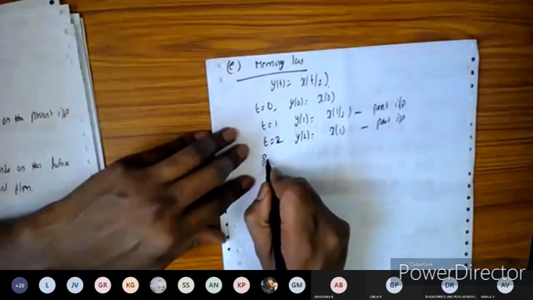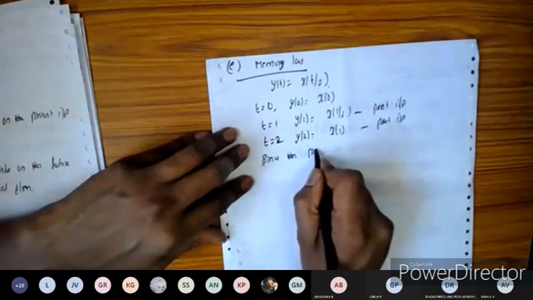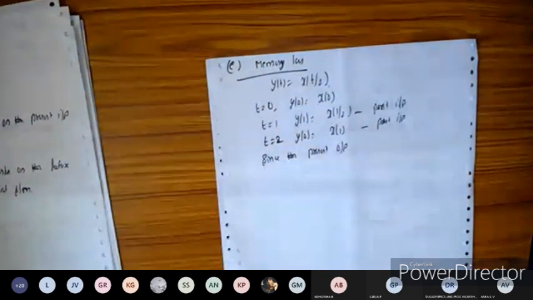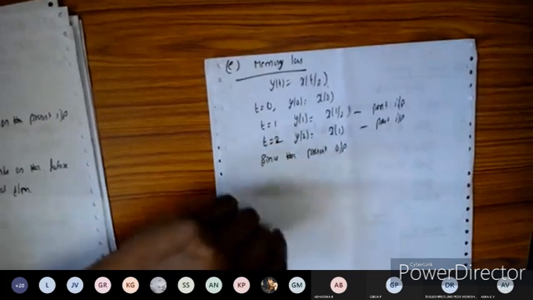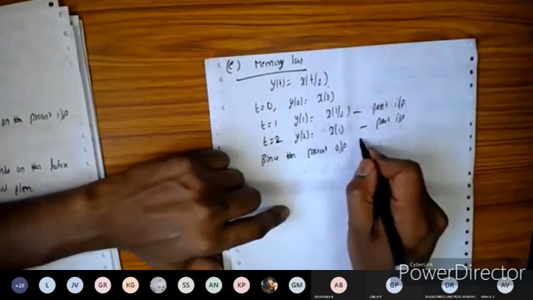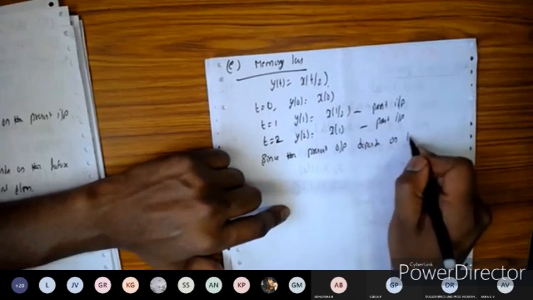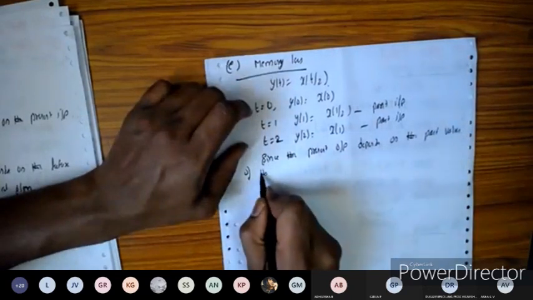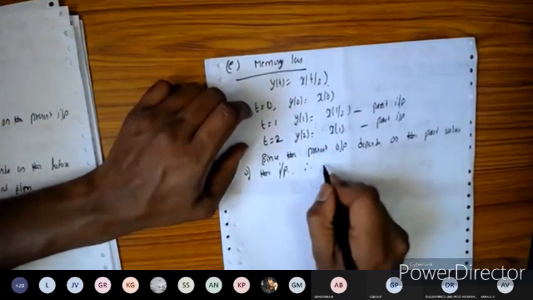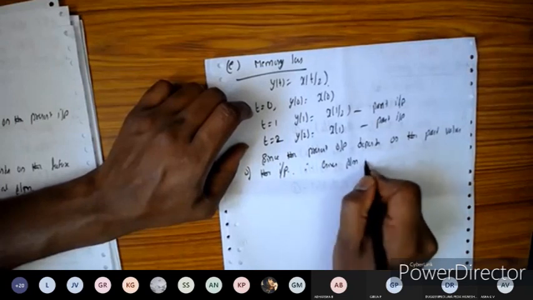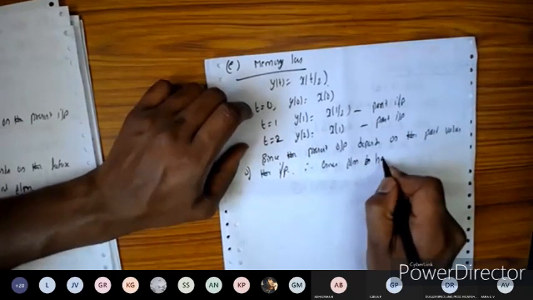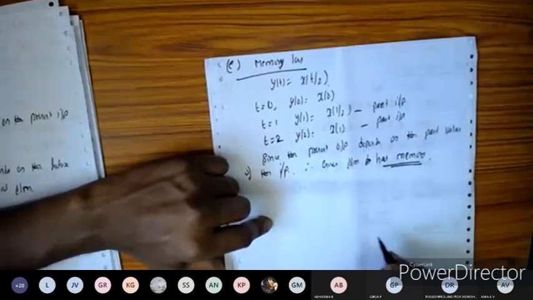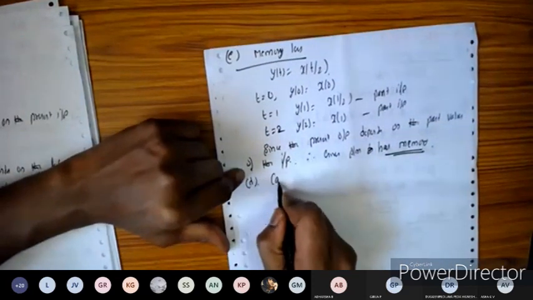Since the present output depends on the past values of the input, therefore the given system has memory. Whichever the topic is, you can just underline it here.